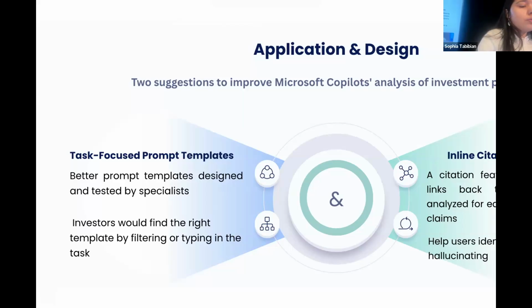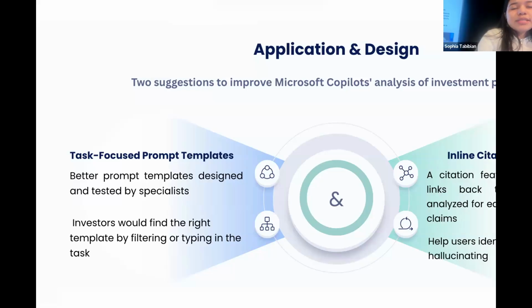These structured prompts would help reduce excessive tone-driven shifts in the emphasis of risks and opportunities that I found. And it would help investors have outputs that are more aligned to their needs because they would filter the tasks that they wanted to perform.